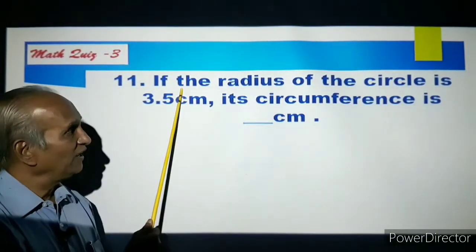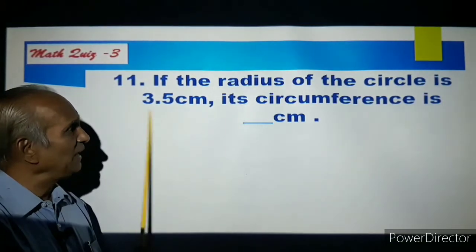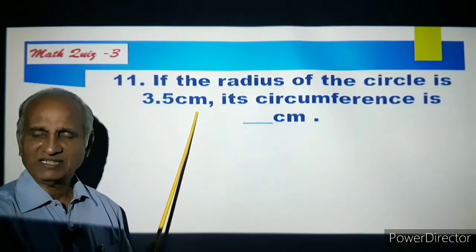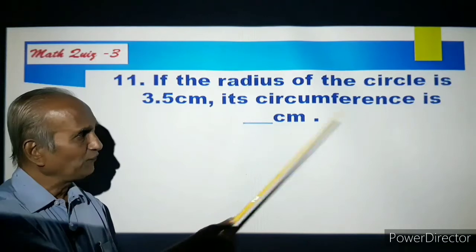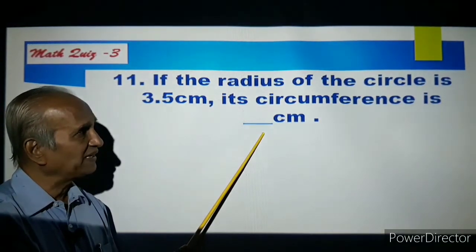11th question. If the radius of the circle is 3.5 centimeters, its circumference is dash centimeters.